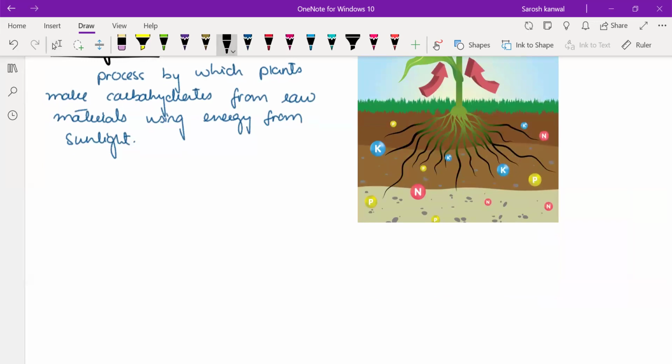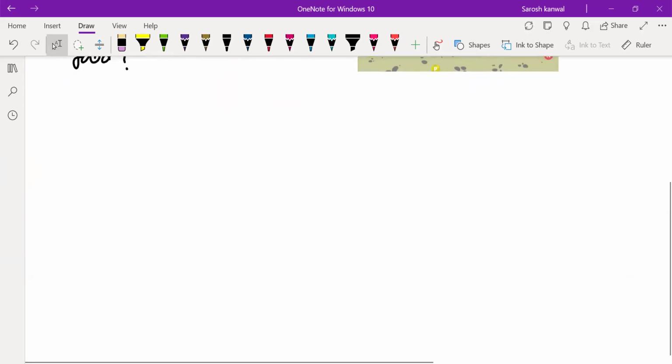Also, there's a question: why do plants need food? So why do plants need food?